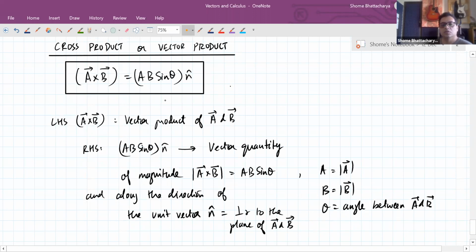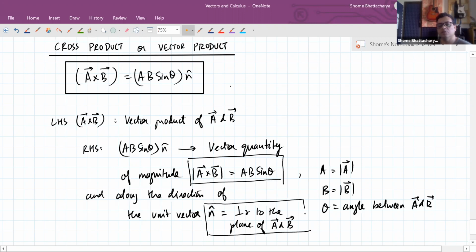So the cross product results in a vector quantity whose magnitude is given by this relation, AB sine theta, and whose direction is given by this unit vector, n cap, which is the unit vector perpendicular to the plane of A and B.